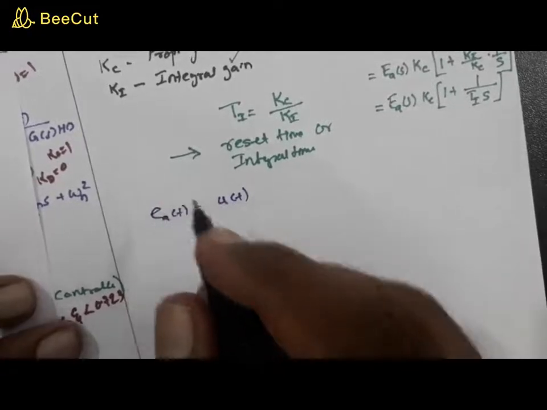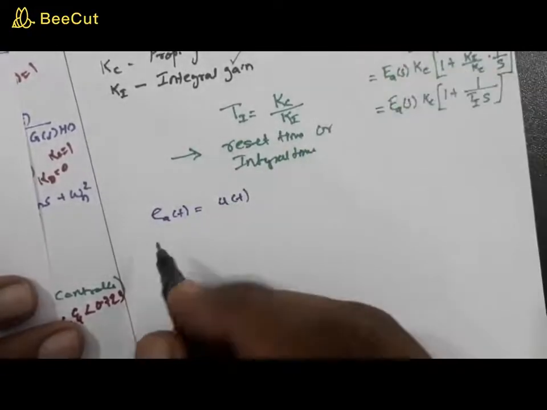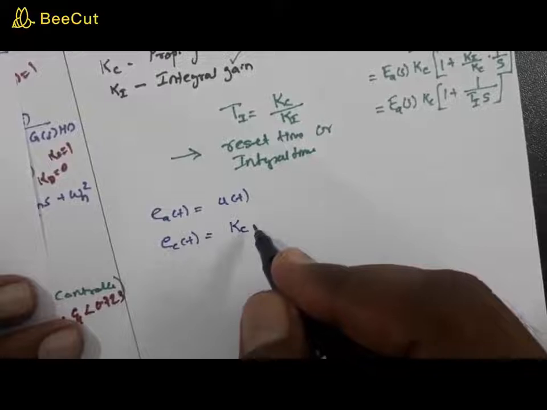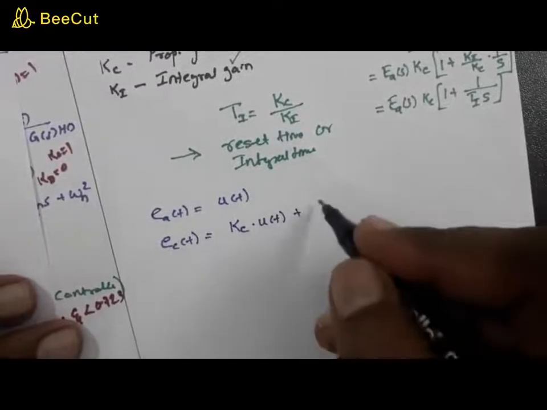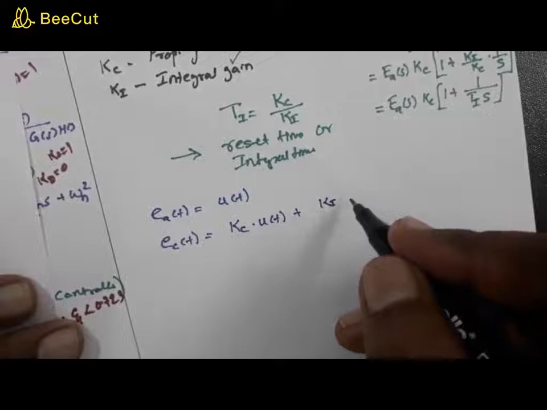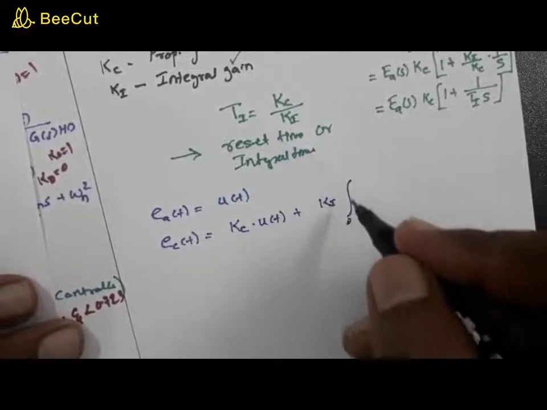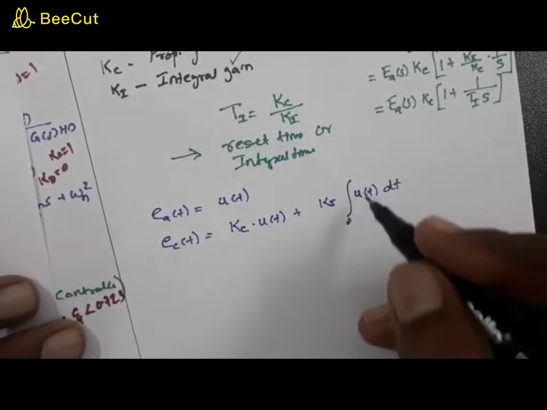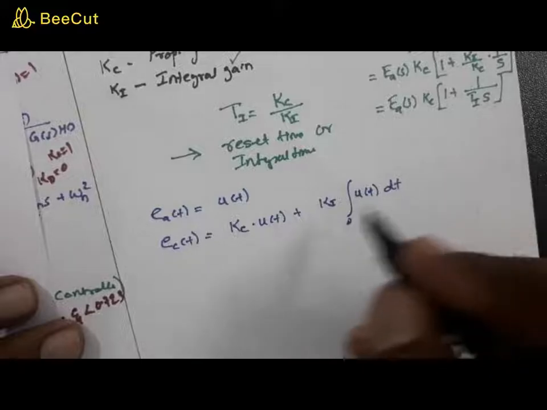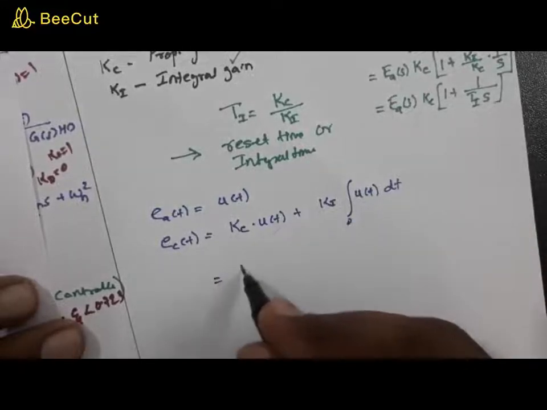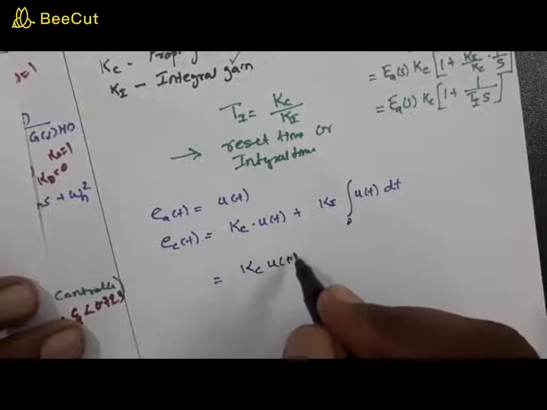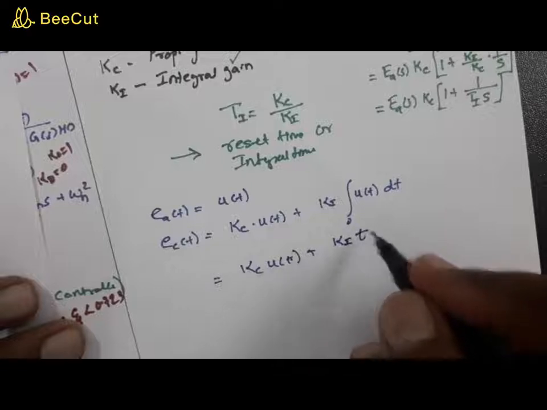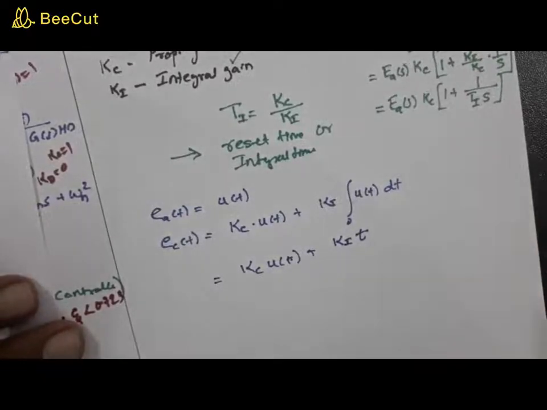As per this equation, the control equation, Ec of t, will be Kc into U of t plus Ki into the integral of U of t dt, that is, you are integrating 1 over dt, so this becomes Kc into U of t plus Ki into t.